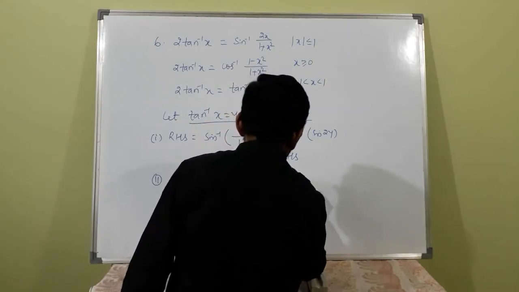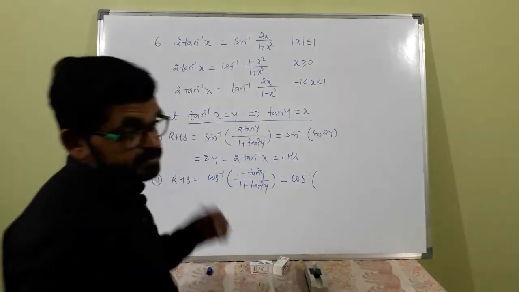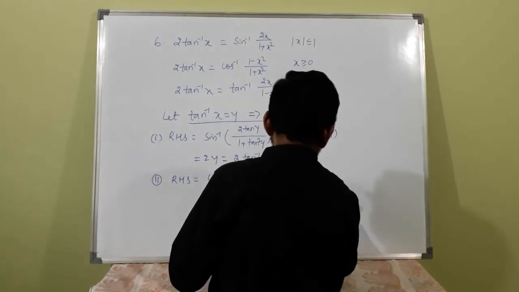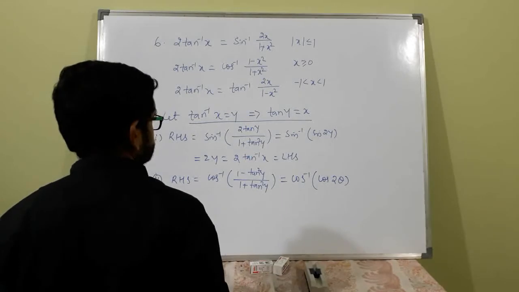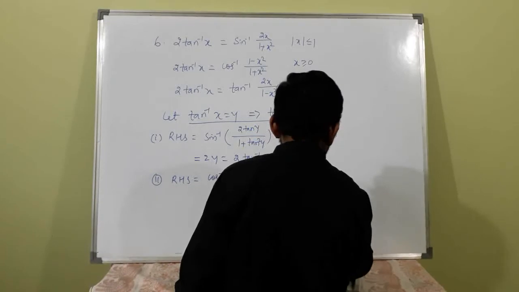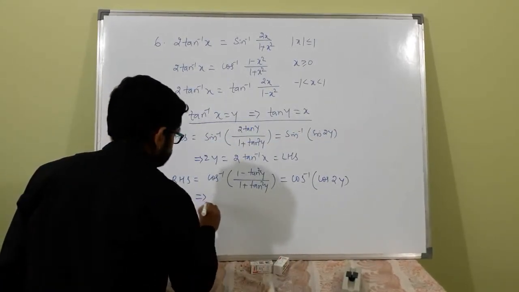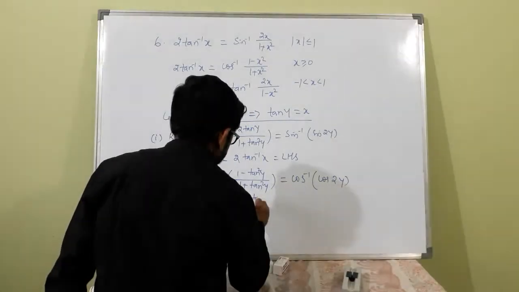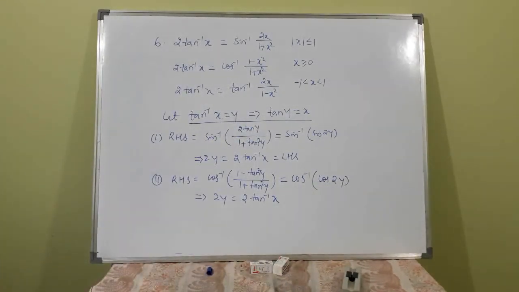So you should be familiar with those multiple angles. So this is cos inverse of cos 2y, that is equal to 2y. So this is 2 into tan inverse x, since y is tan inverse x.